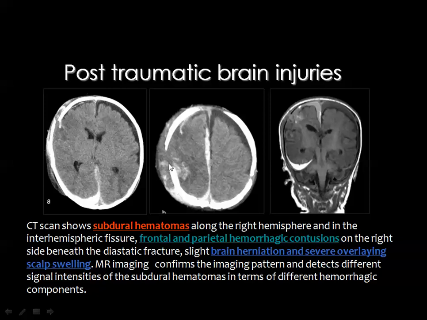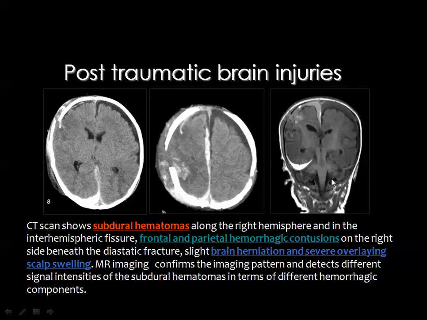Also, if you look carefully, you can see blood in the falx and also along the inner table of the posterior parietal area, and this blood is located in the subdural space, as I have said.